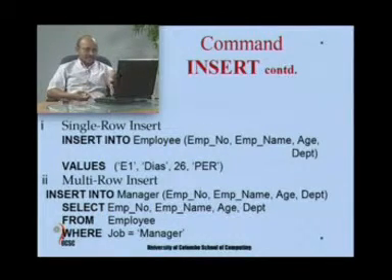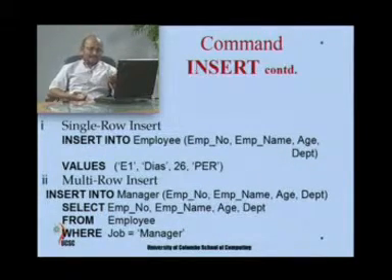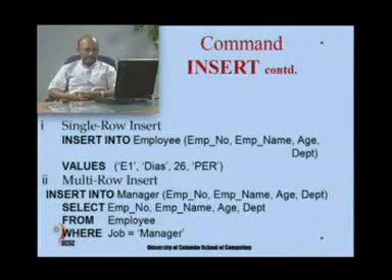So, emp number is E1, emp name is DIAS, age is 26, dept is PER, and you can see that except for 26 all are within quotes, meaning those are character strings, whereas 26 is a numeric value where you just feed a number there.